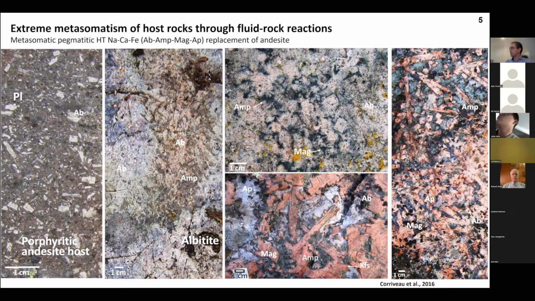Then we have this original andesite, instead of being composed of a fine-grained matrix with phenocrysts of plagioclase, we have a matrix of amphibole with large lenses of extremely strong sodically altered relics of host rock composed of very fine crystals of albite, and then with a mix of magnetite and apatite as well, filling that matrix. So really a complete transformation, but also recrystallization of this andesite with fluid-rock interactions.